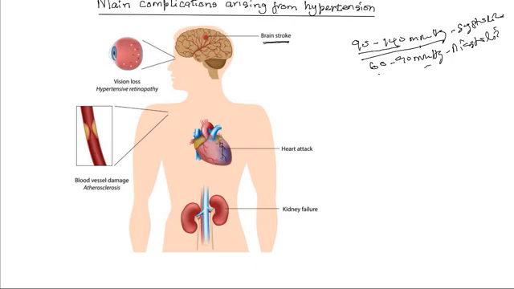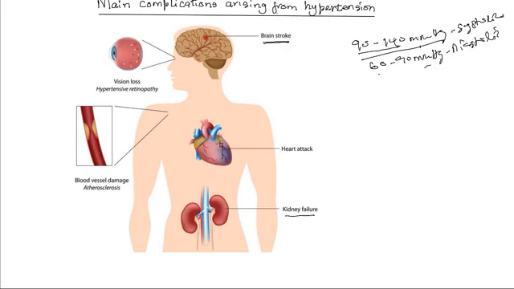Another complication that arises from hypertension is kidney failure. Again, with the rupturing of capillaries, particularly in the glomerulus, when these capillaries in the glomeruli rupture, this reduces the functionality of the kidney, and in time, the kidney will not be able to efficiently excrete waste products, leading to kidney failure.